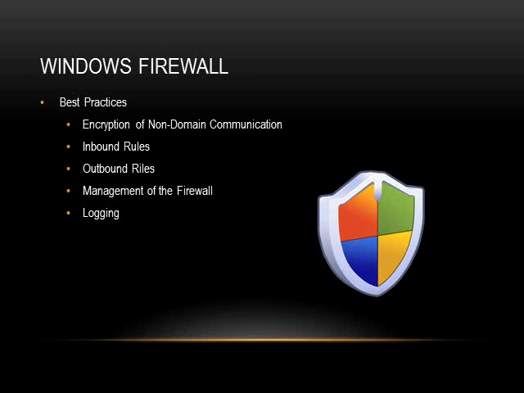Next is the management of the firewall. You can do this by setting up group policy to control the configuration of the firewall. But one of the easiest ways that you can do this is with the firewall with advanced security snap-in. And you can create a role to export it and import it to the group policy management editor.